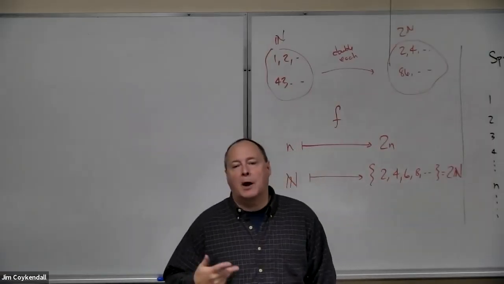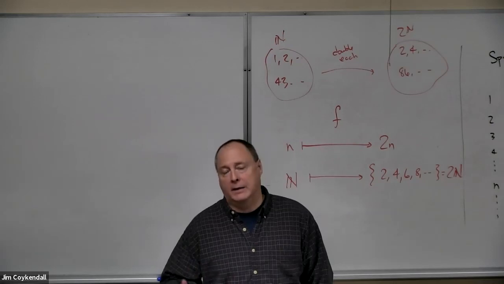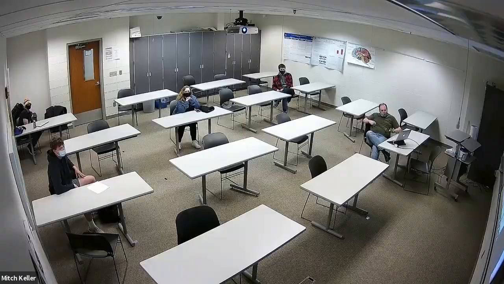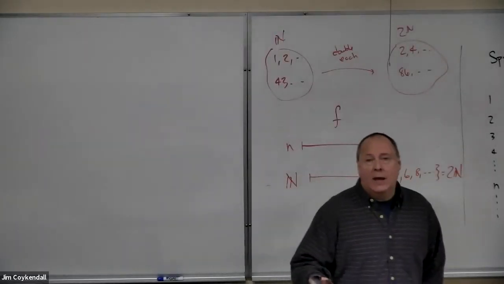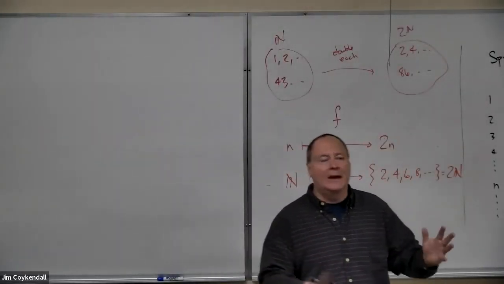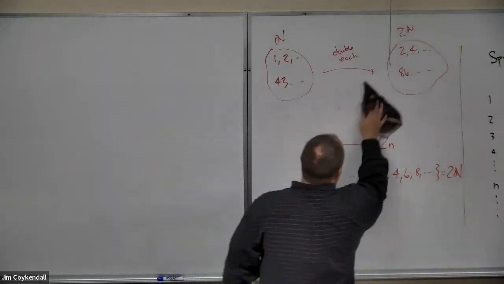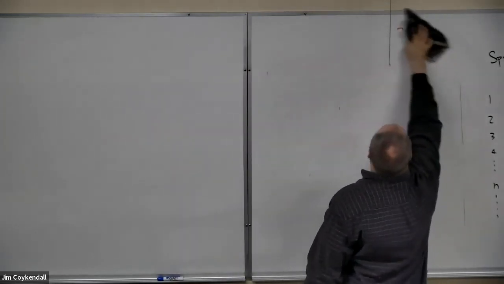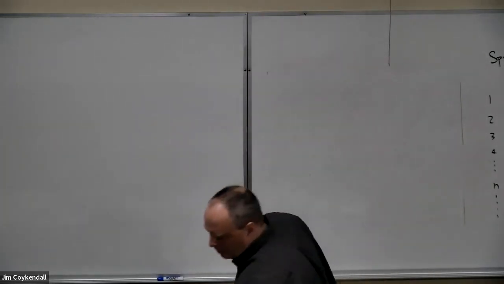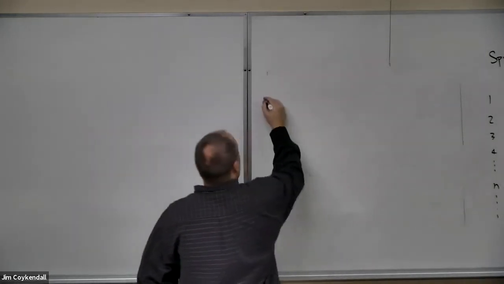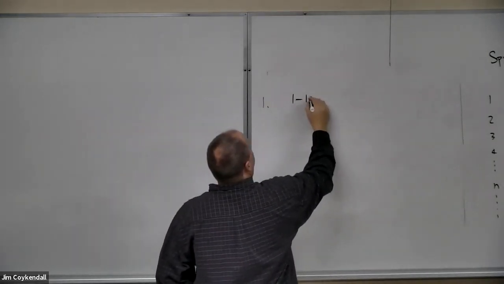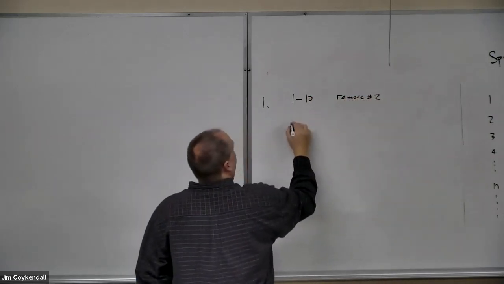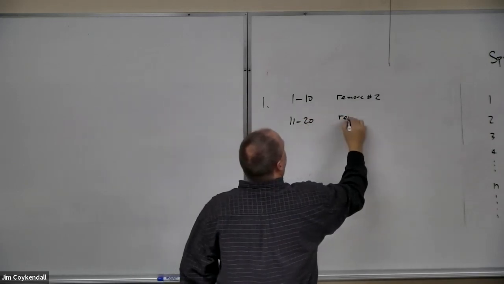Oh, so what you're trying to do is figure out how to leave one ball in. Okay. Well, you're going to get a little mad at me for this, but there are many ways to do it, and you can do exotic things. One thing that you could do is put in balls 1 through 10 and remove 2. And then put in balls 11 through 20 and remove 3.